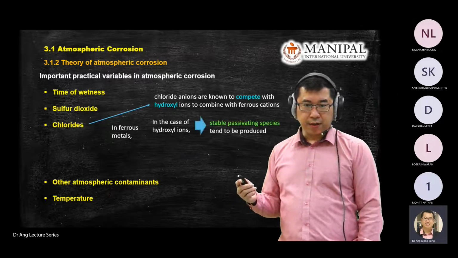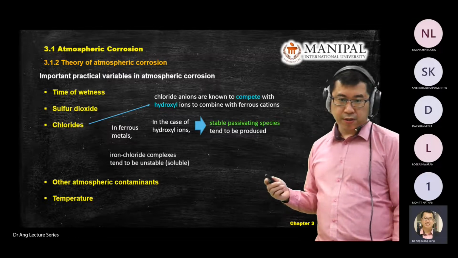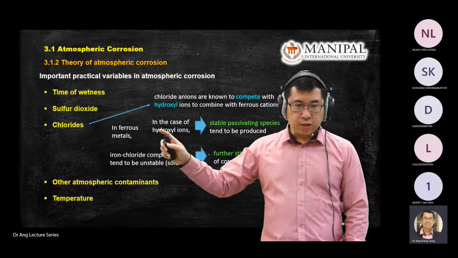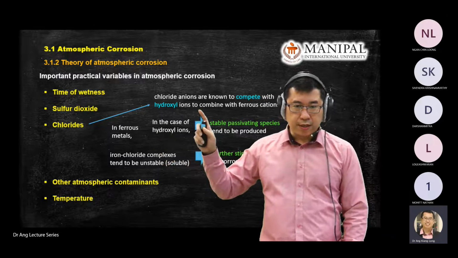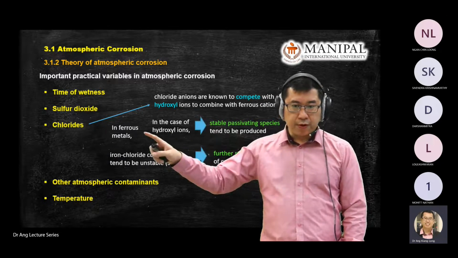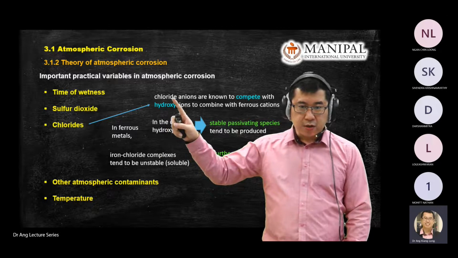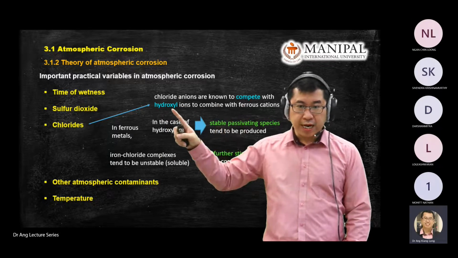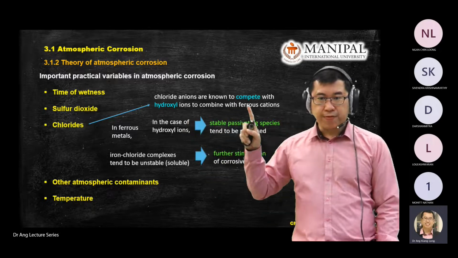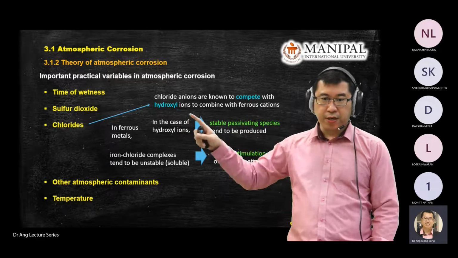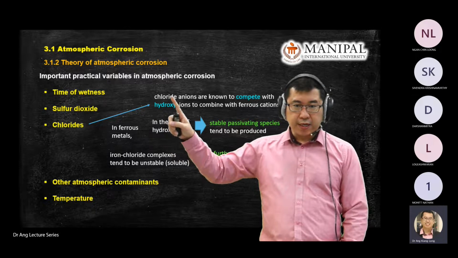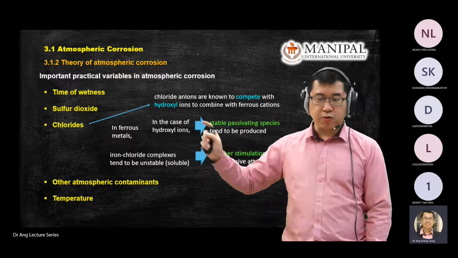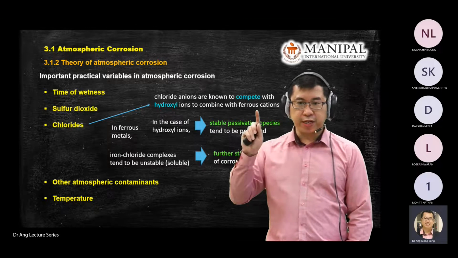So I think I have the equation. Okay, so for first, chloride will compete with hydroxyl ion to combine with the cation. So again, this chloride will fight with the hydroxyl. What I mean by hydroxyl is the OH negative.